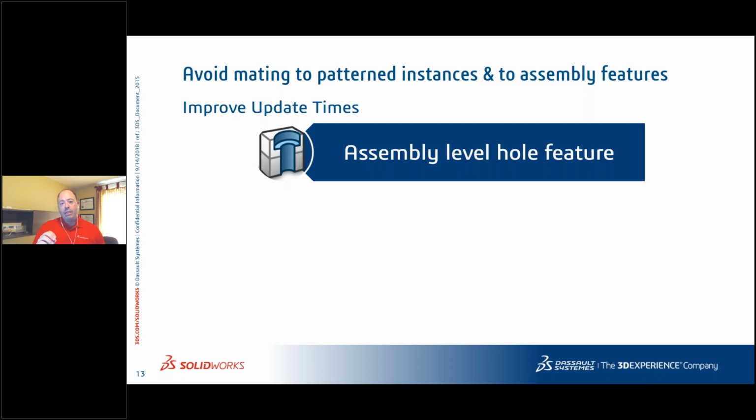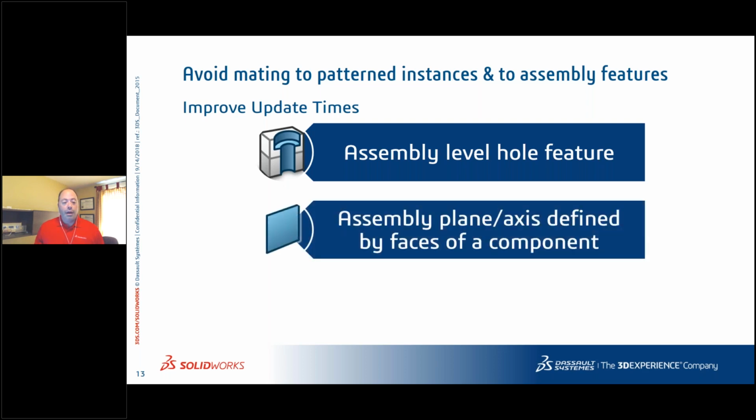I've got an assembly, and at the assembly level, I'm doing a hole feature, and maybe in that hole feature, at the assembly level, I'm mating a part. So that's an example. Second example, creating an assembly plane or axis and defining that by a face of a component, and maybe mating to that plane.